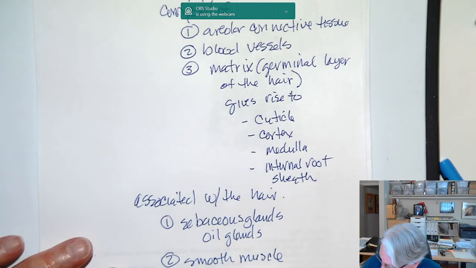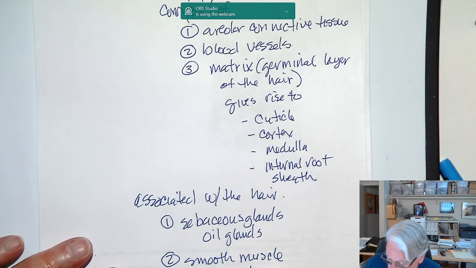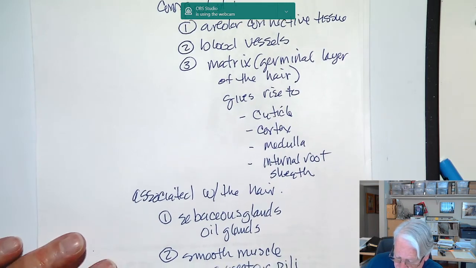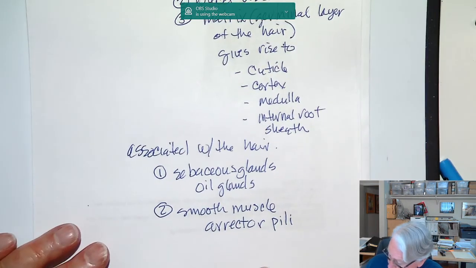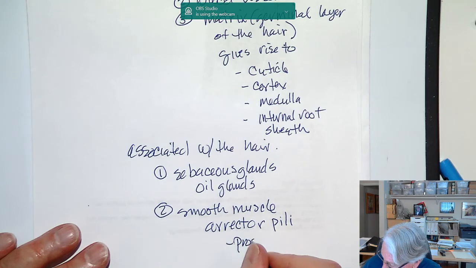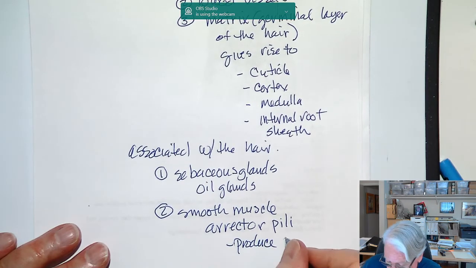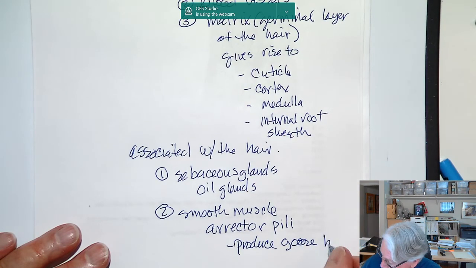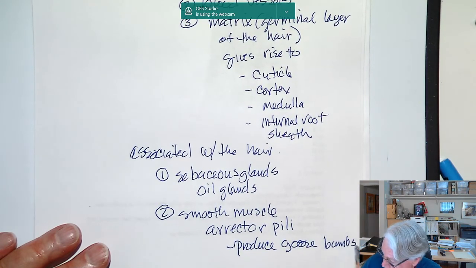And these are called the erector pili muscles. Okay. And they produce the goosebumps. I don't know why they're called goosebumps, but they are.